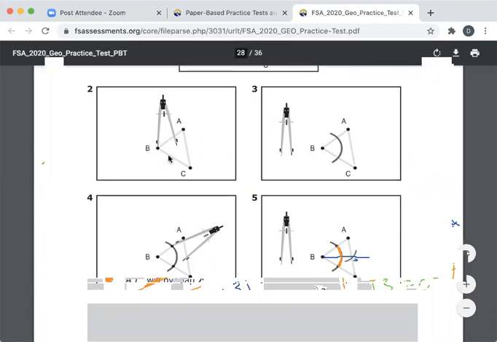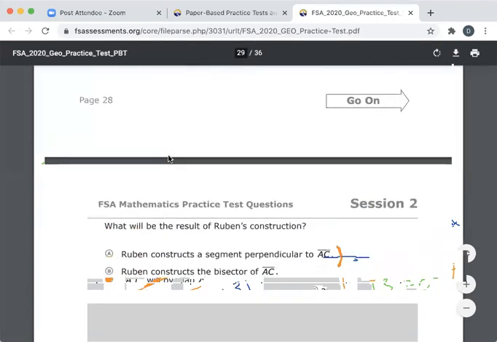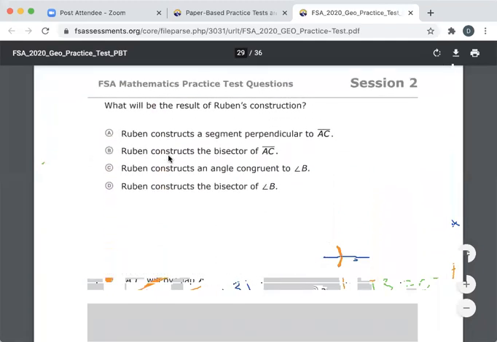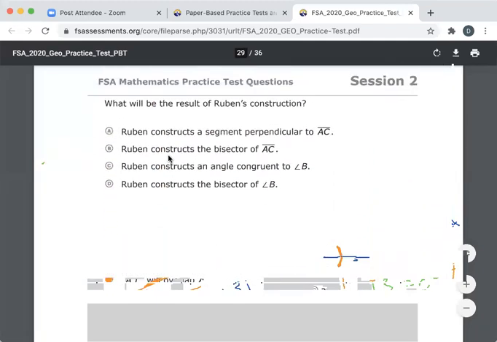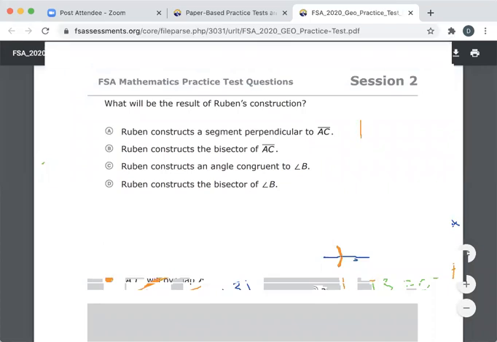Let's look at the answers. So he didn't make a perpendicular one, because perpendicular is like 90 degrees, right? Did he make a bisector? Did he cut the angle in half? Did he bisect it?